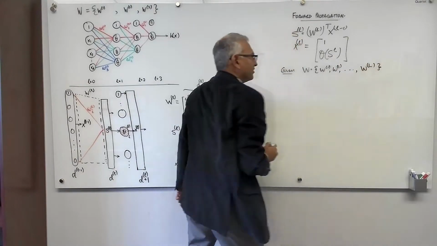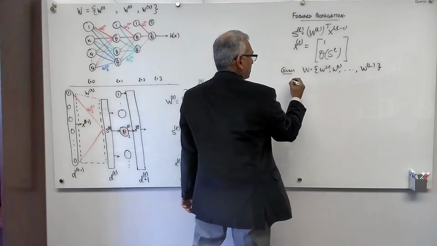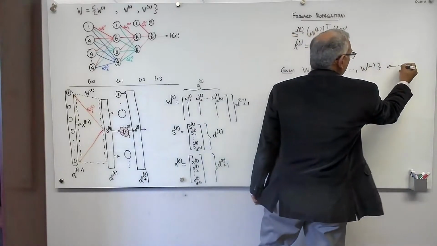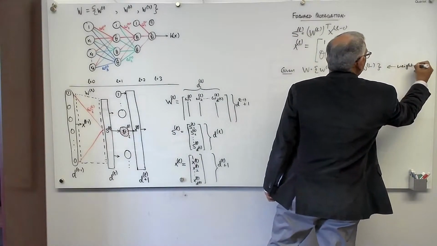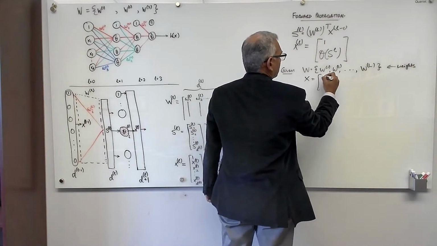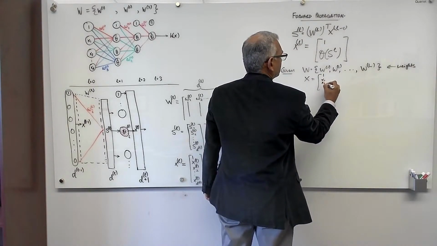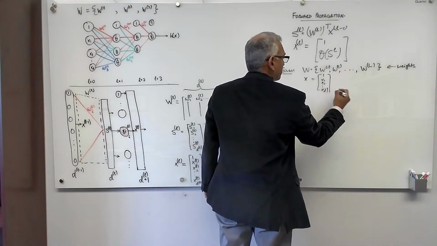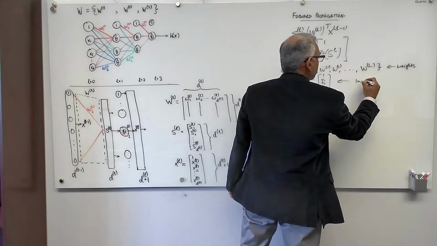So you're given the weights, the architecture and the weights of the network, and you're given an input X, which is 1, X1, X2, up to XD. Let me call it little x. Okay, so this is the input.